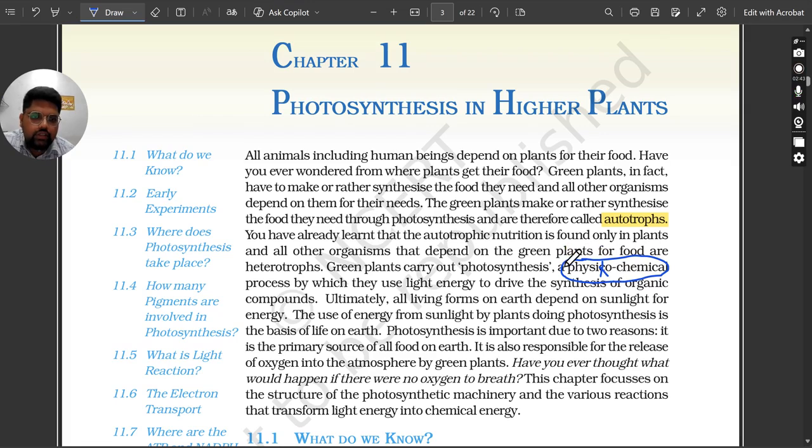All three, the intake of water, absorption of light, and intake of gas through stomatal pores, are physiological processes. What are the chemical processes? The chemical processes we have are fixation of carbon dioxide to glucose, breaking down of water, and all other reactions which involve different elements and chemicals. That's why it's called a physiochemical process.